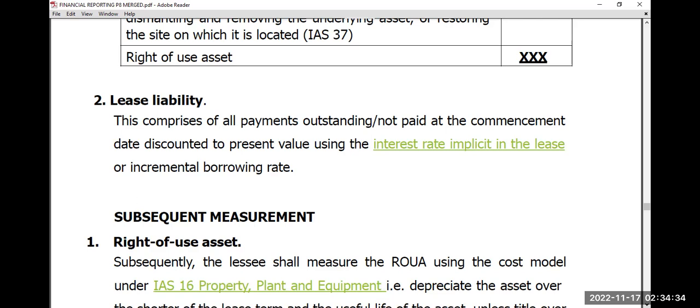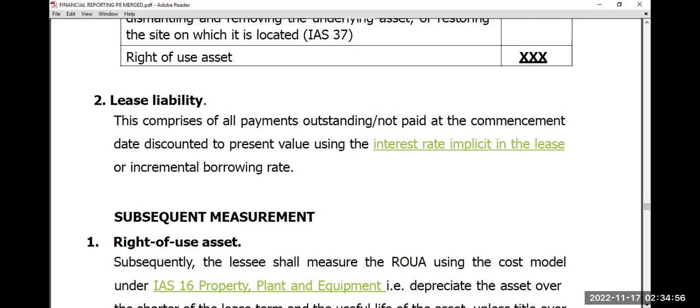That is basically what the lessee is supposed to account for at the initial recognition, when you have just acquired the right to use the asset.